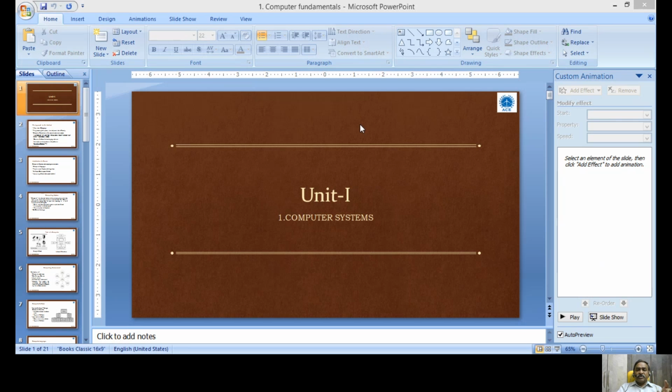What is it? System software manages computer resources. Predominantly, system software is developed for use by the system for the system. So it is for managing the resources of the computer. It is an interface between hardware and users.